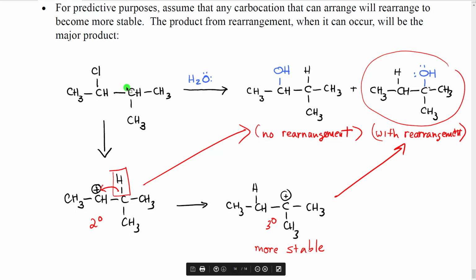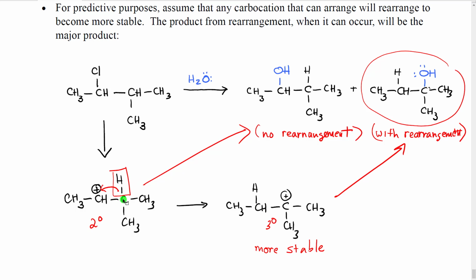In contrast, the carbocation has the opportunity to rearrange. The reason why it would want to rearrange is that this is a secondary carbocation. If this hydrogen were to shift over, that secondary atom would no longer be a carbocation.